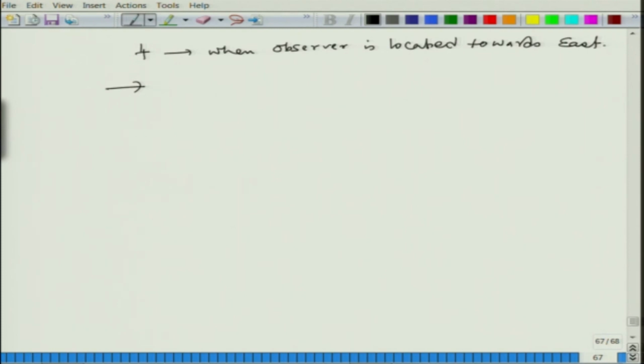Now, another factor, so let me write this equation once again. So, solar time equal to standard time plus minus 4 LST minus LOC plus E. Okay.